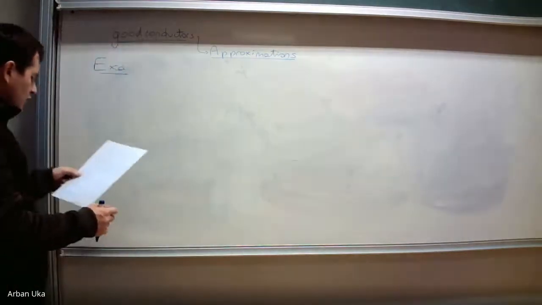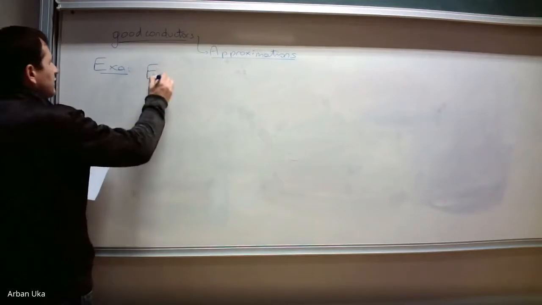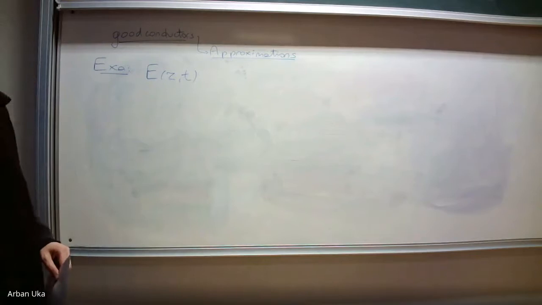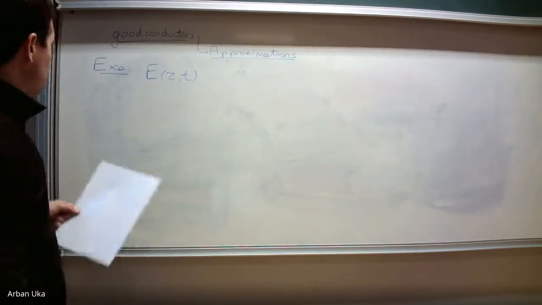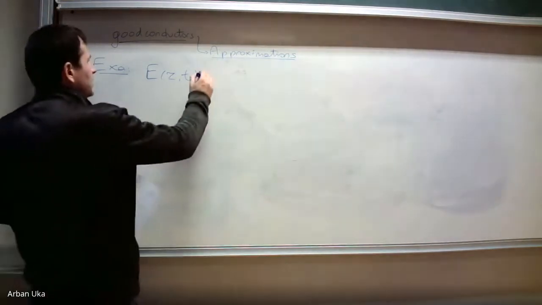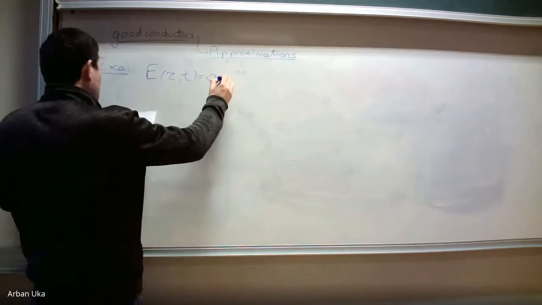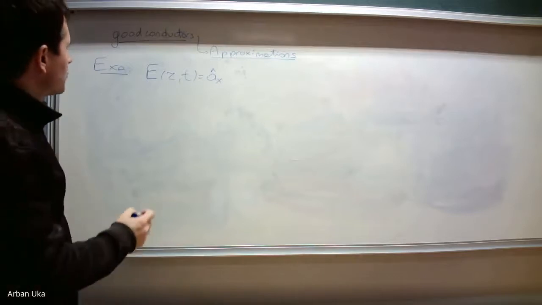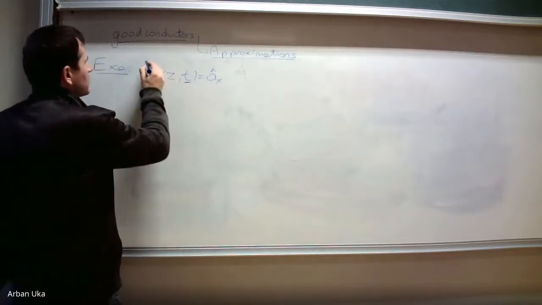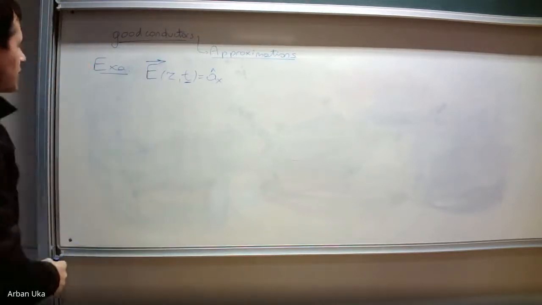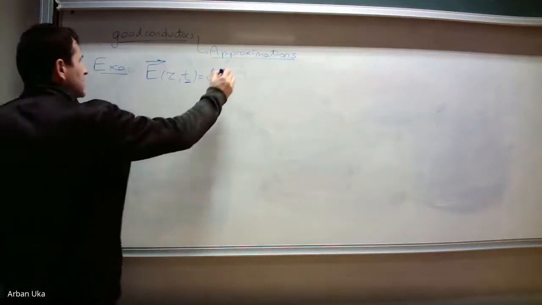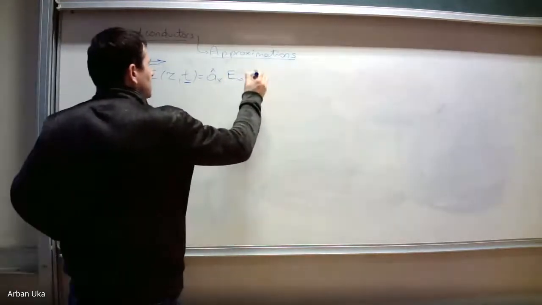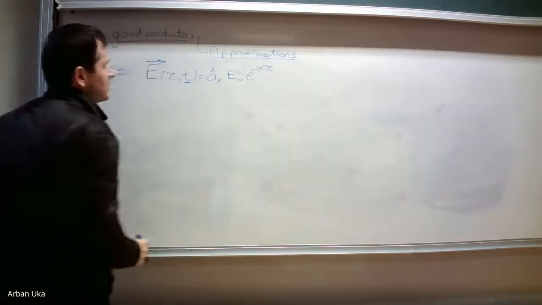Let's assume that we have the electric field of an electromagnetic wave, E_z, which is the instantaneous expression, because we also have the time. It is equal to a_x E_0, the amplitude, times e to the power minus alpha z.